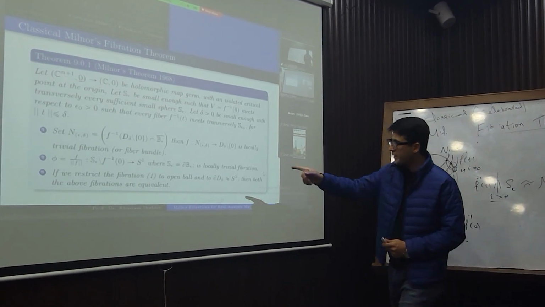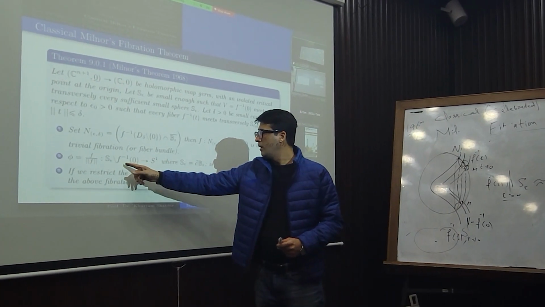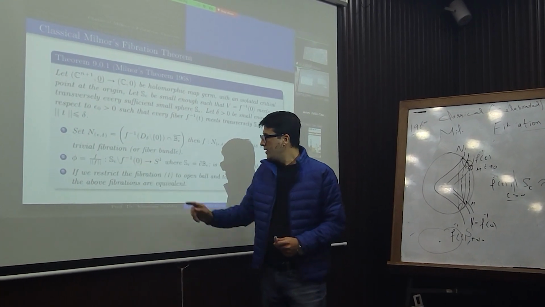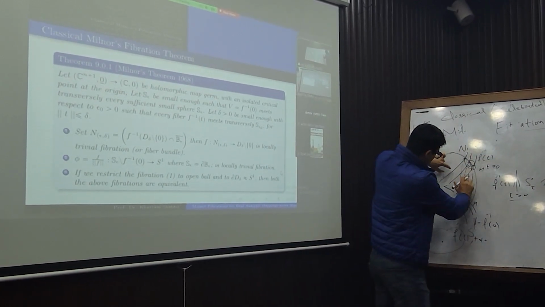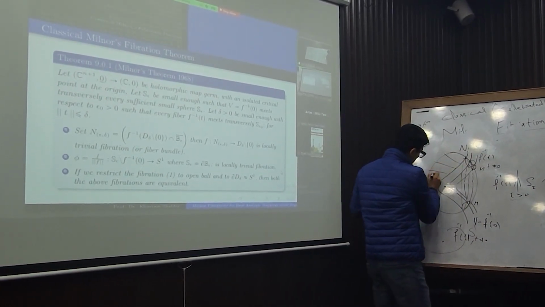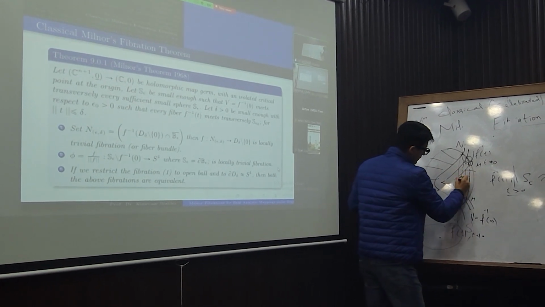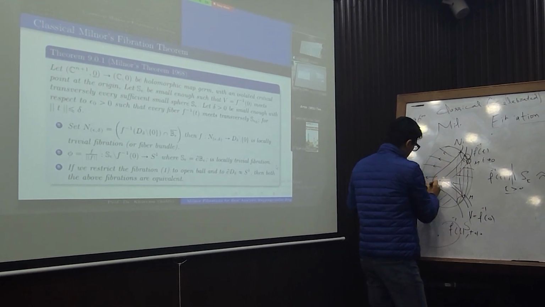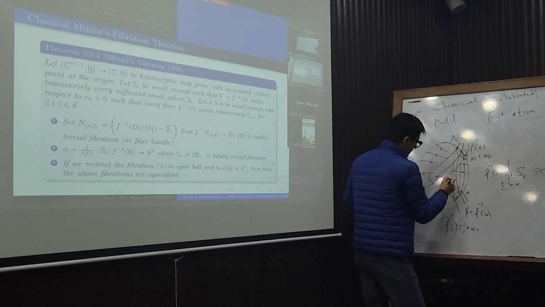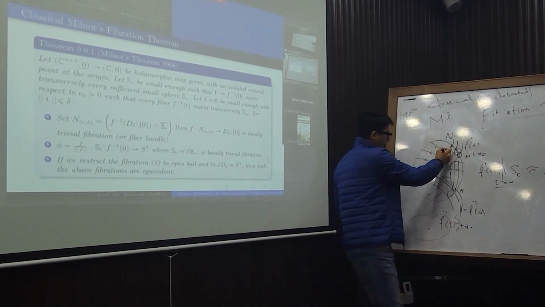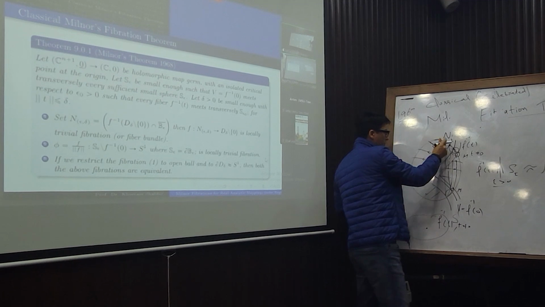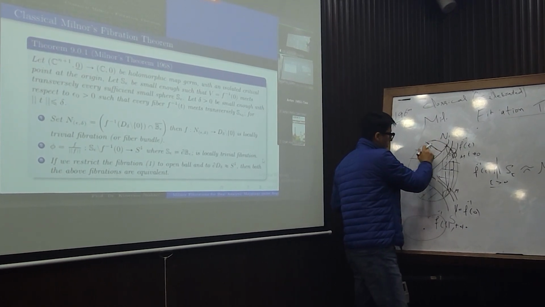Right? And the second part of Milnor's theorem was that you can move this fibration from the tube to the sphere using the integral lines. You use the integral lines to move the point from the boundary of the tube to the sphere.